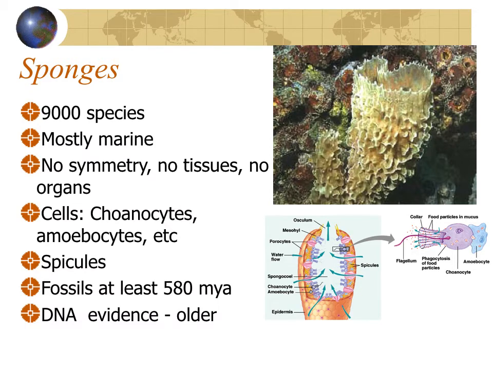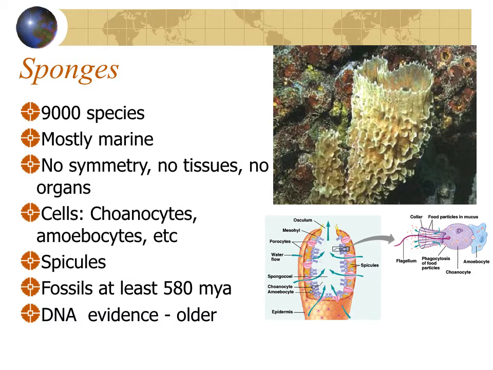They're all aquatic, most are marine. They lack symmetry, they lack organs, they lack even tissues. What they are is a couple different types of cells that function together. They can have a little bit of a skeletal system, a structure called a spicule, but it's basically a cell type, and there's 2 or 3 different types of cells, and these things all filter water.